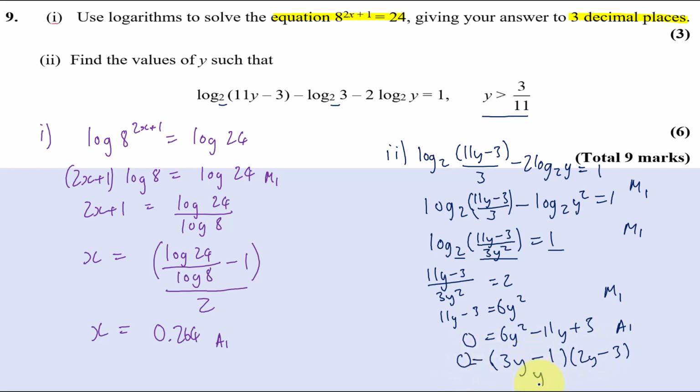So we know y equals a third and y equals 3 over 2, and that is an accuracy mark. Using the quadratic formula or solving this is a method, so that's your 6 out of 6, quite easily done.